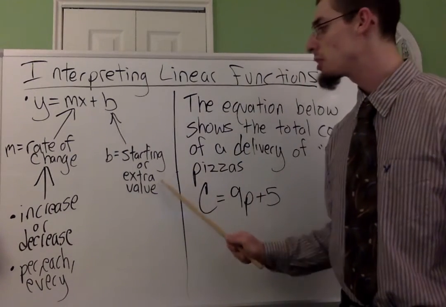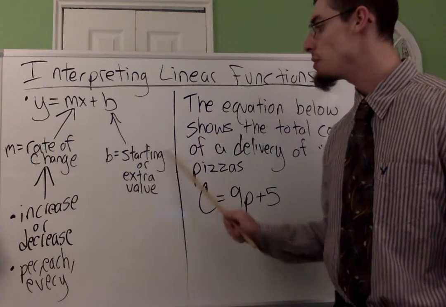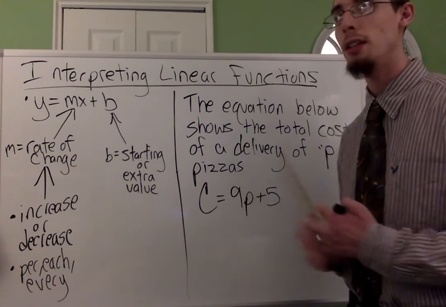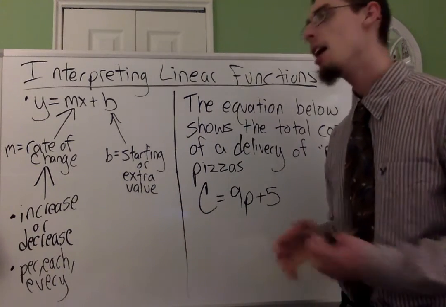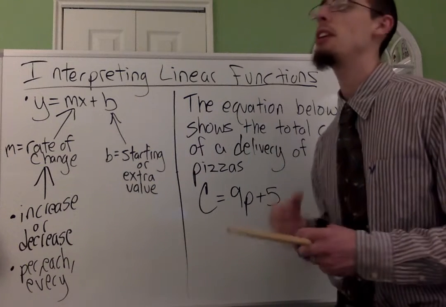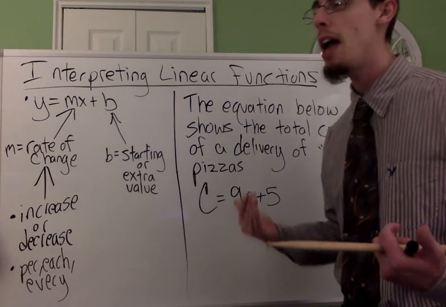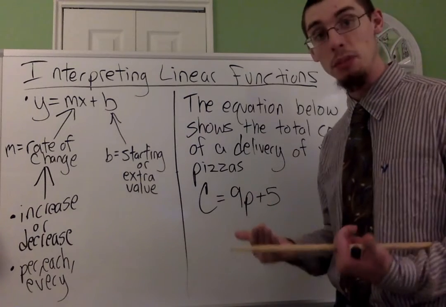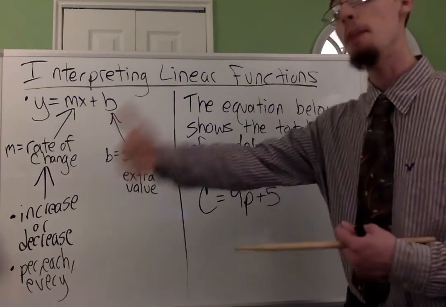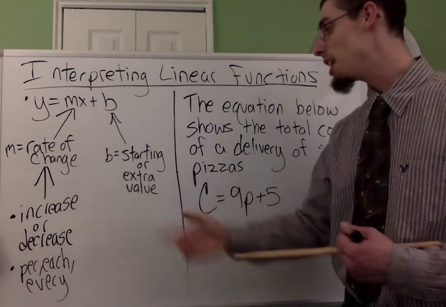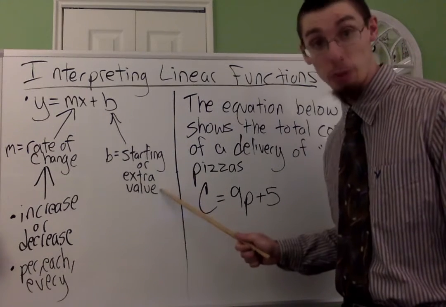Now, with the starting or extra value, this is going to depend on what the actual situation is, right? Let's say you're at a restaurant and you're paying for a certain number of items that you've eaten, and then there's a tip on top of that. That tip could be considered your extra value.